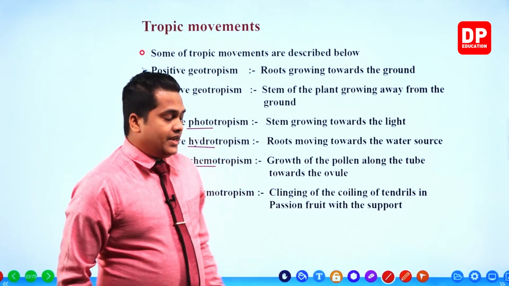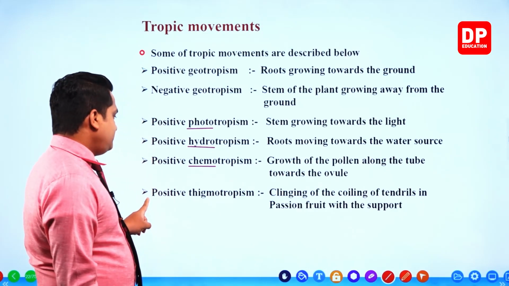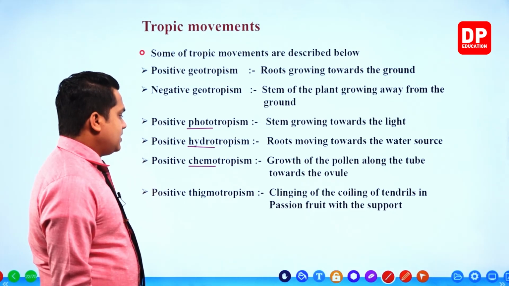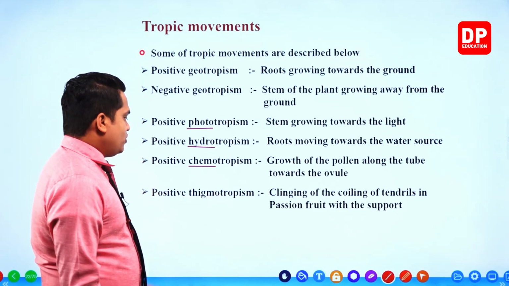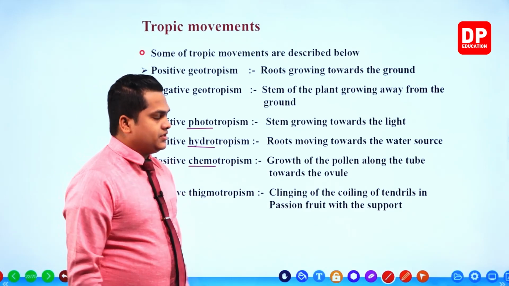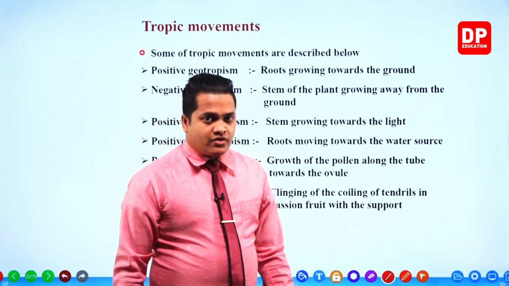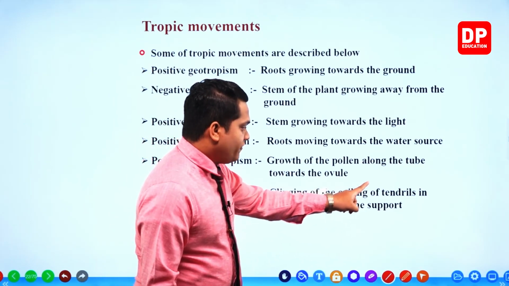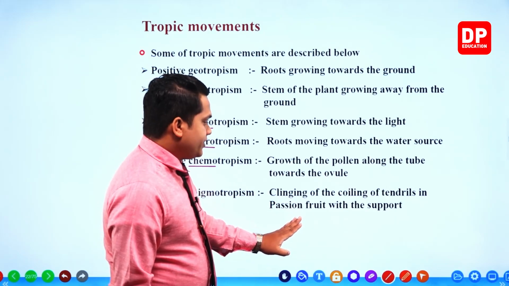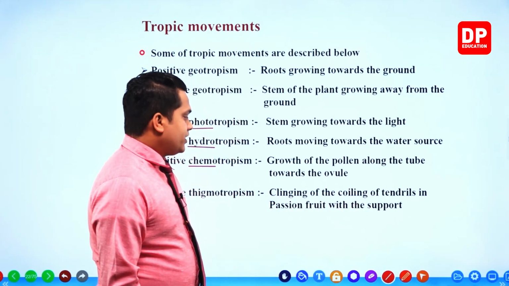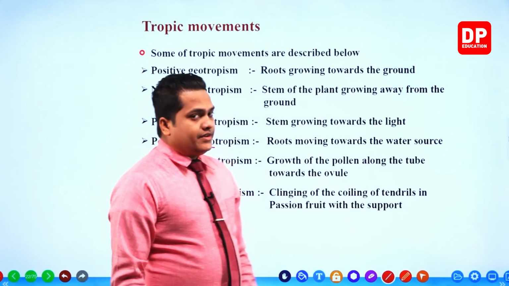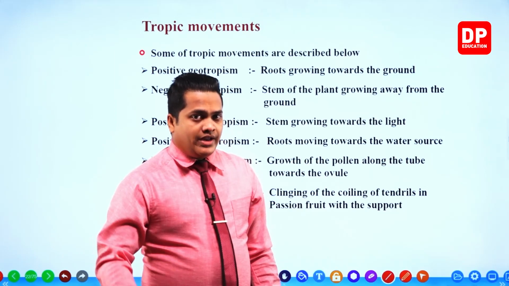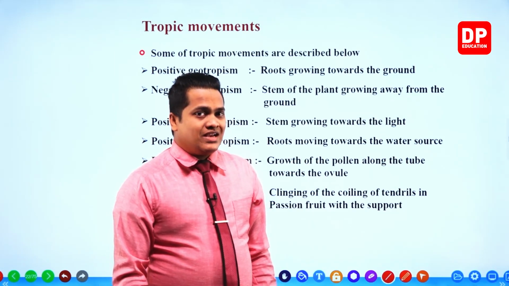Right. Then the next one, positive thigmotropism, or positive thigmotropic movement. The example is the coiling of tendrils in passion fruit around a support. You know that when you take a passion fruit plant, there are several coils, right? Those are called tendrils.